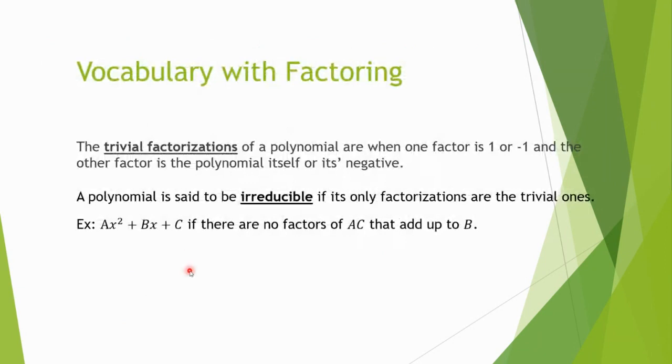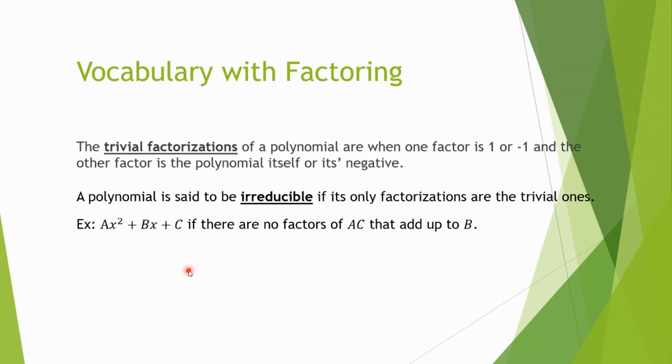All right, let me now state some vocabulary associated with factoring. Really, it's just like with integers. Whenever you factor a polynomial, there are always two trivial ways to factor it: one of the factors is 1 or negative 1, and the other factor is the polynomial itself, or its negative.